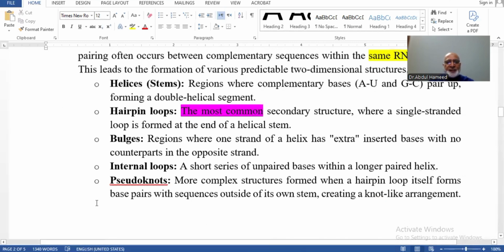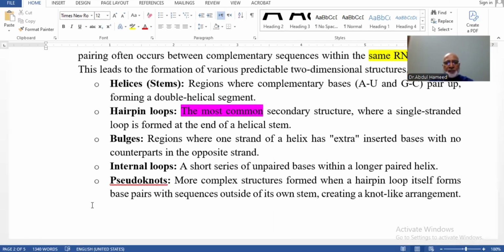There are some bulges, regions where one strand of the helix has an extra nucleotide, so there will be no counterpart, and that will form a bulge. Internal loops are small series of unpaired bases within a longer paired helix.